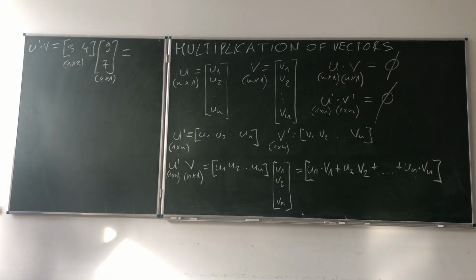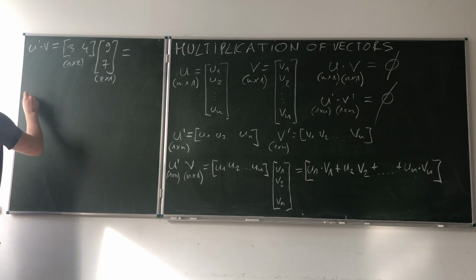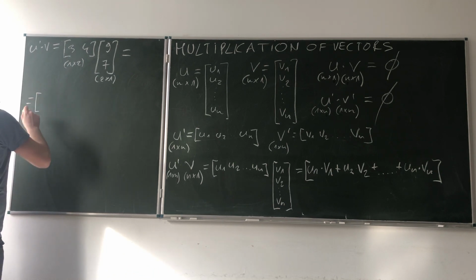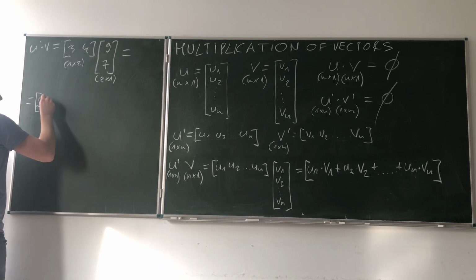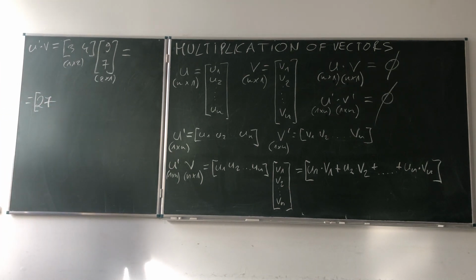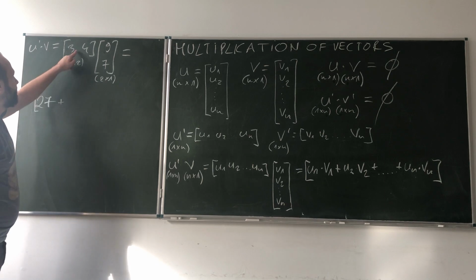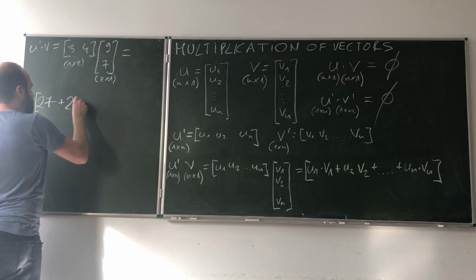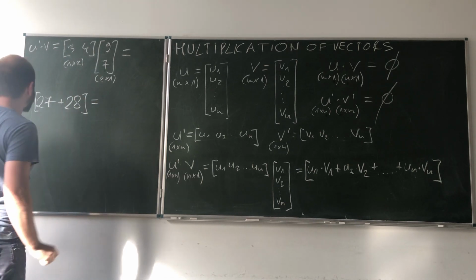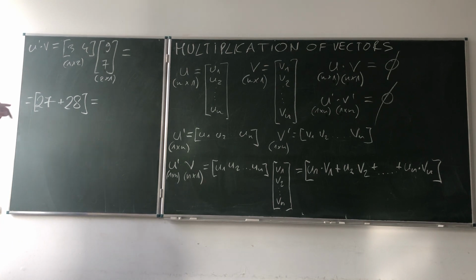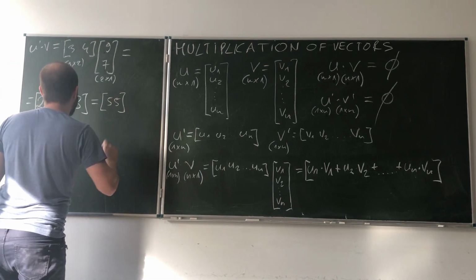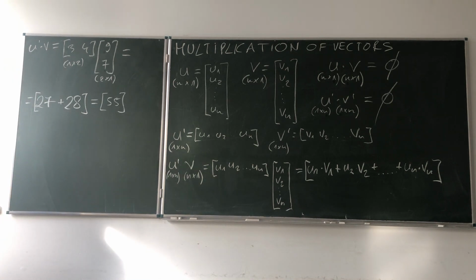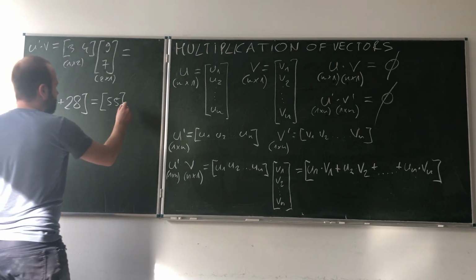Can I multiply them? Of course. So let me proceed. I will have 3 times 9, 27, plus 4 times 7, 28. So, if I add those two, I'm getting 55.